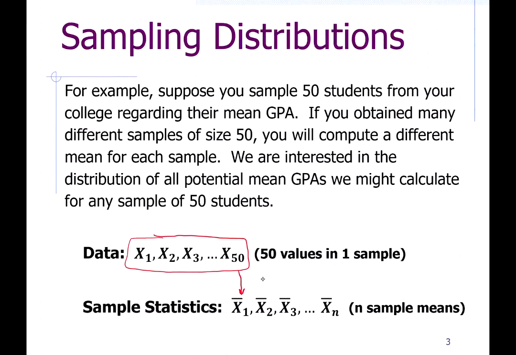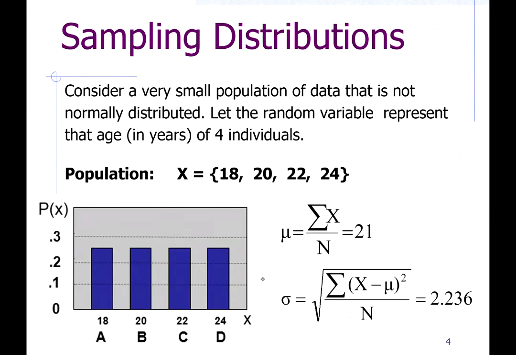So let's look at a smaller example similar to the one I discussed a couple of slides ago. Instead of 1, 2, 3, 4, let's say we have 18, 20, 22, and 24. Okay, so in our distribution of the data, the value 18 accounts for 25% of the population. The value 20 also accounts for 25%, or 1/4 of the population, and so on for the 22 and the 24.